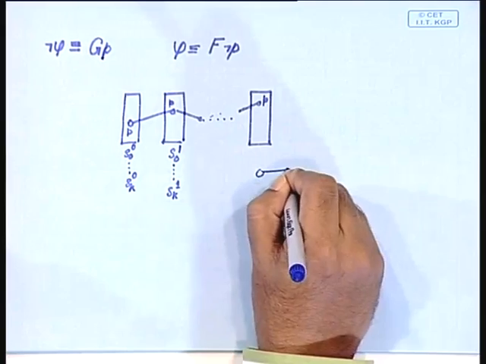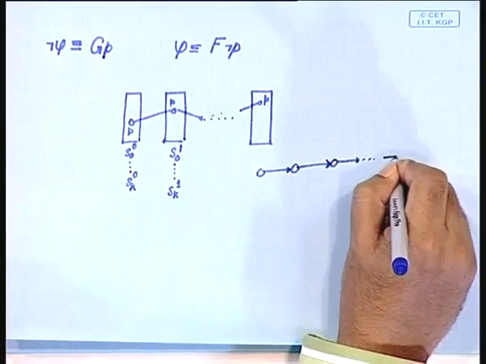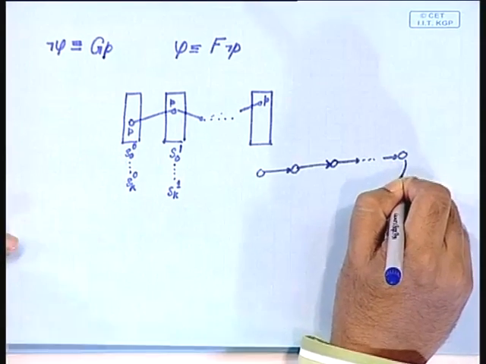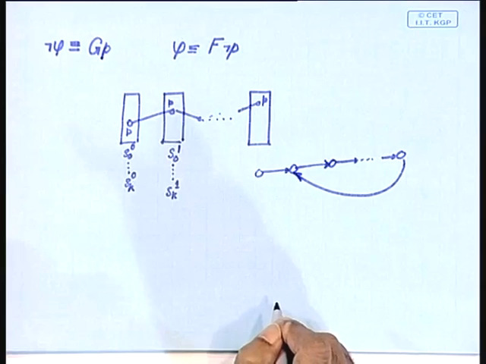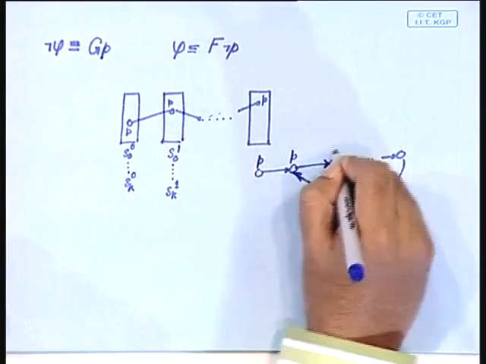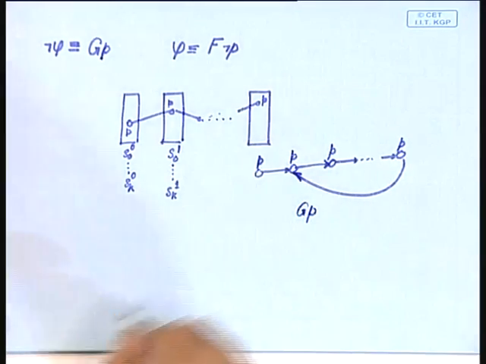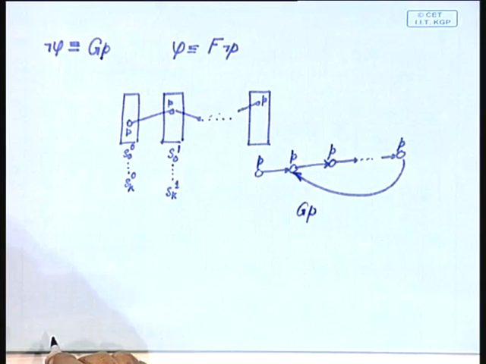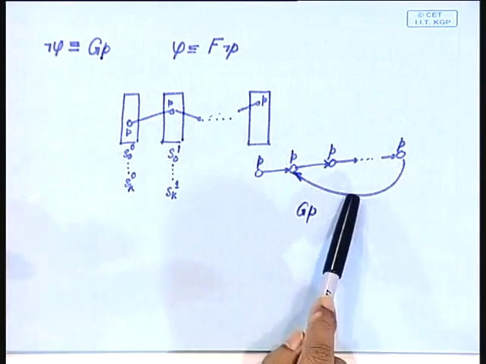You have actually found a path, and then you have shown that there is a transition from this state to some previous state. If you have done that, and if P holds on all of these states, then you have found a witness for GP. And then you can say that I have found at least one path where GP holds.